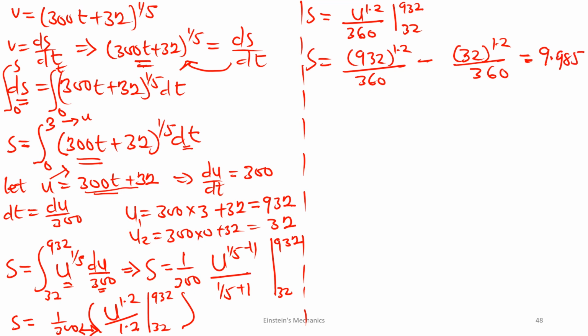So this is the final answer. Therefore, our position is going to be 9.985 meters, because after integrating the velocity, this is where we are landing, and it is a figure for the displacement or the position of whatever we are looking for.